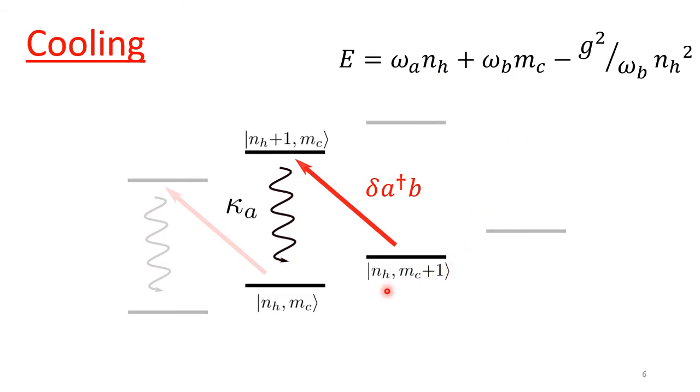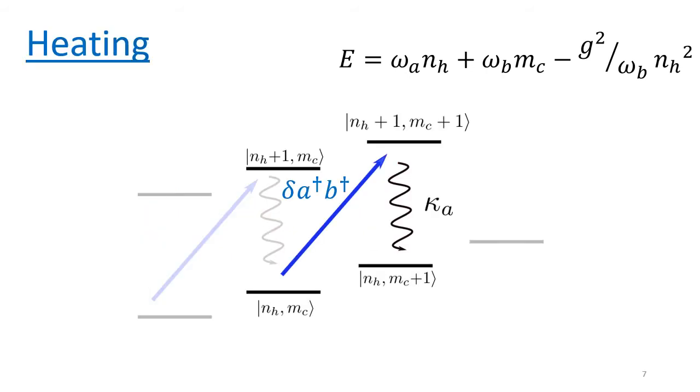So let's say we start from n photons and m plus 1 phonons, and if our detuning is red, then what happens is we create a high energetic photon in this cavity by destroying a phonon, and then this photon leaks from the leaky cavity and we end up having one less quantum of energy in the mechanical resonator. In this way, we move downstairs, and we have cooling of the mechanical resonator.